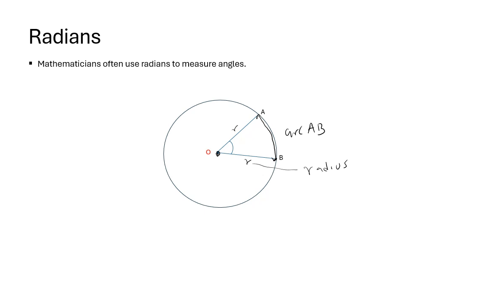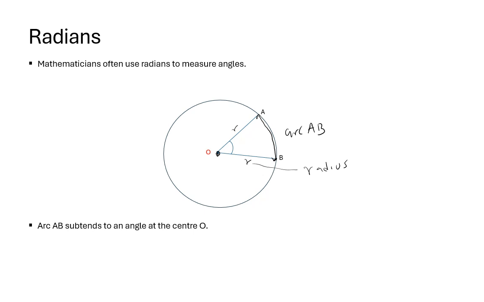Mathematicians often use this radius to measure circles. This arc AB subtends an angle at the center.